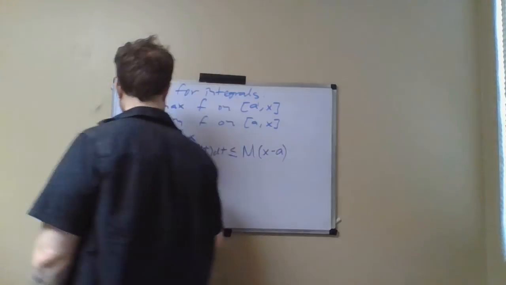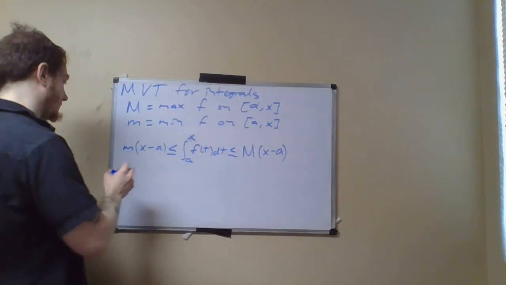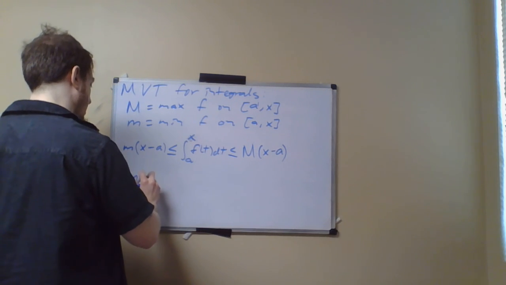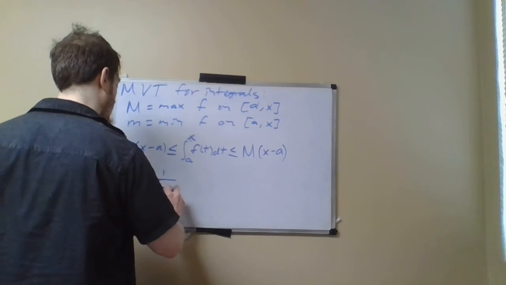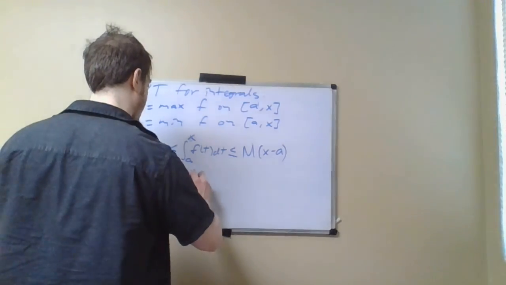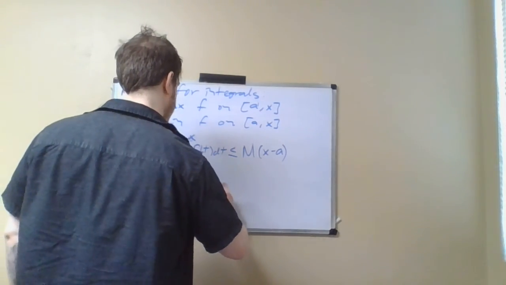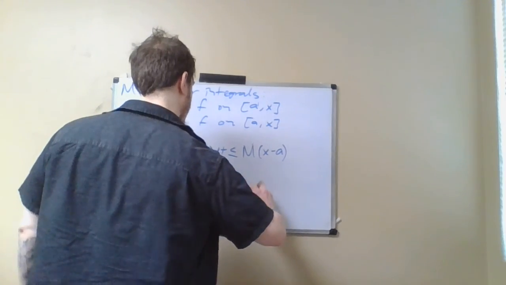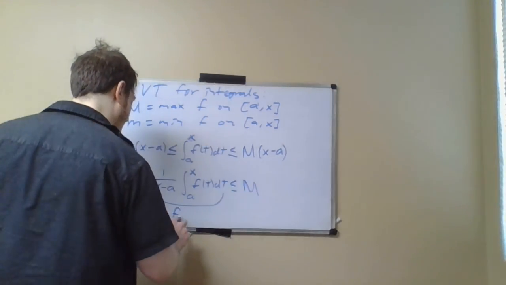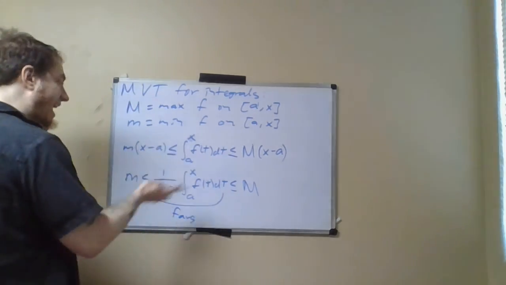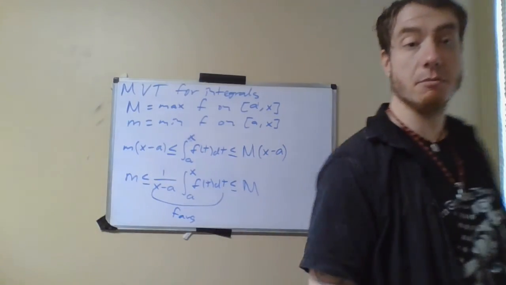But then the minimum is less than or equal to 1 over x minus a, integral from a up to x, f of t dt, less than or equal to the maximum. But this is literally just f average. So the average value has to sit in between the minimum and the maximum.